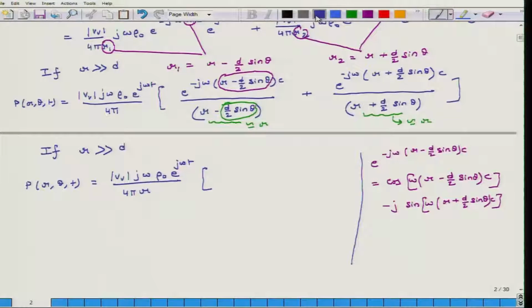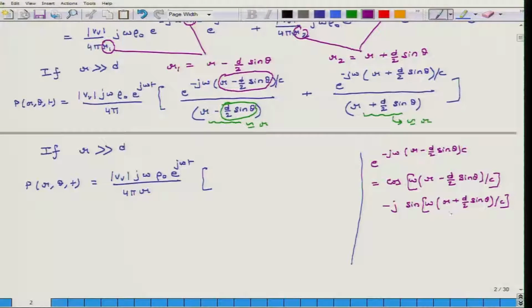Actually there is a small error in this, it should be divided by c. Okay.